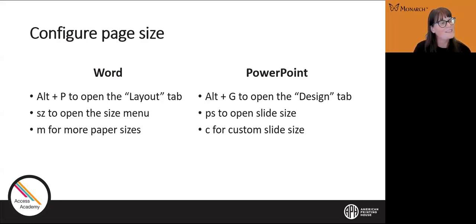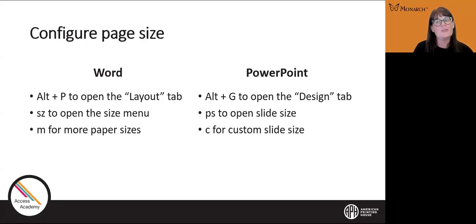It also saves it as that page size when you save one slide by itself. So Alt-P will open the Layout tab in Word. S-Z will open the size menu, and M for more paper sizes, because our typical Braille paper size of 11.5 by 11 is not listed in Microsoft's list.